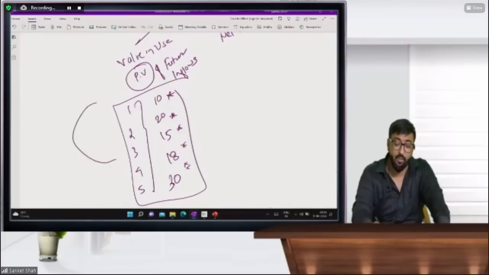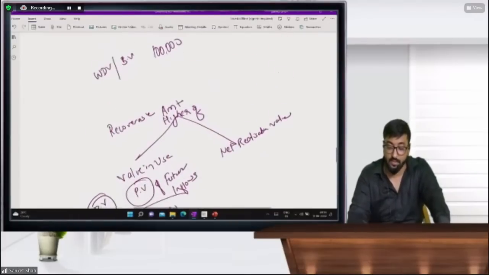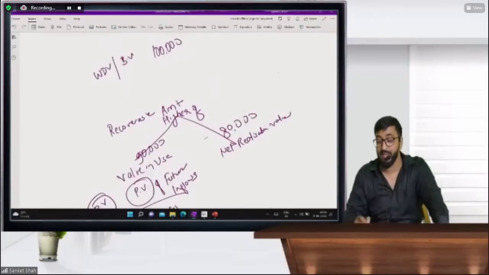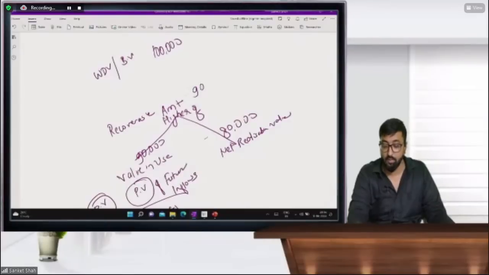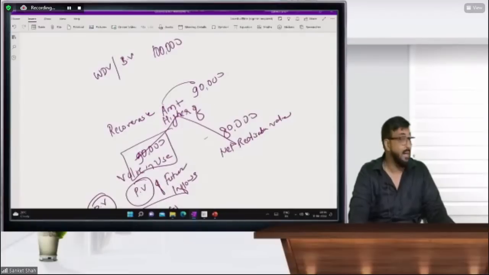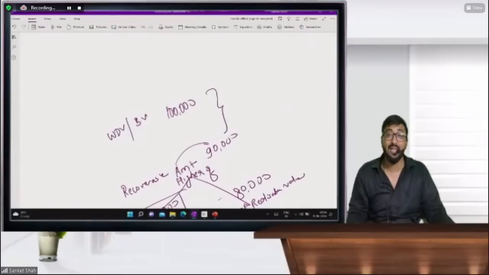Assume this present value comes to rupees 90,000. And if you sell it in the market, it is 80,000. So beta, value in use is 90,000, it is greater, so your recoverable amount will be 90,000. But your book value is greater than your recoverable amount.